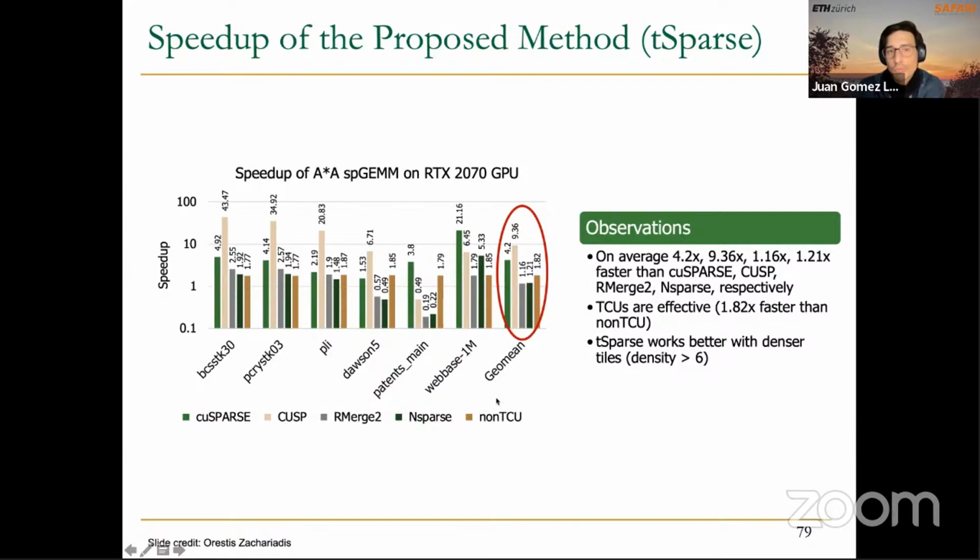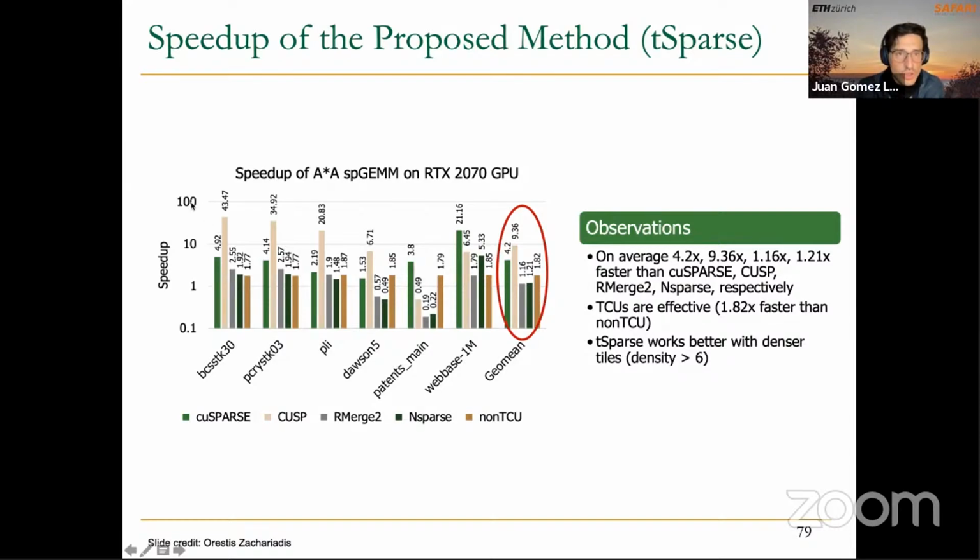And we also compare to an implementation of our method that doesn't use the tensor core units. This is our way of showing that using tensor core units, even though we might not be using them fully, because we are operating on sparse matrices, the method still makes sense, and the usage of tensor core units is more efficient than using the regular compute unit.